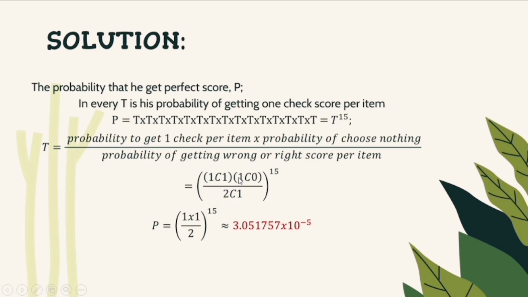They must be the same to satisfy. Then to the power 15, so 1 combination of 1 is just 1, 1 combination of 0 equals 1, and 2 combination of 1 equals 2. We simplify and get the answer 3.051757 times 10 to the power negative 5, as we check in the calculator.